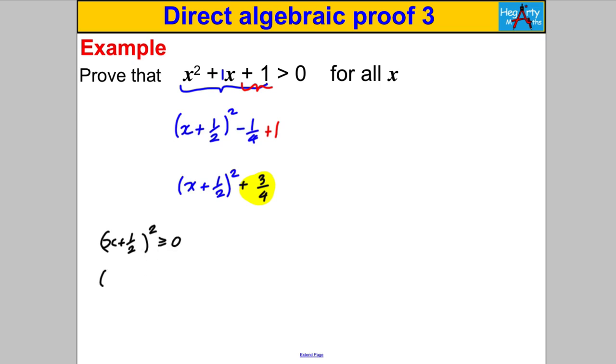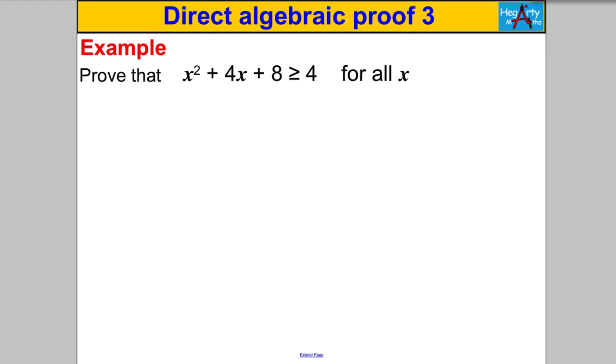And therefore, x plus a half squared add 3/4: because this thing is bigger than or equal to 0, something bigger than or equal to 0 add 3/4 is definitely bigger than or equal to 3/4, so it's certainly bigger than 0. And therefore we have shown that this is true for all x. So when you've got something like this, complete the square, and you'll get something bigger than or equal to 0 added on to something positive, which certainly gives you a positive answer, and we're done.